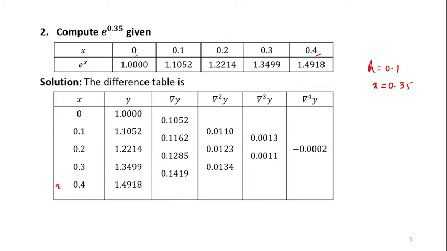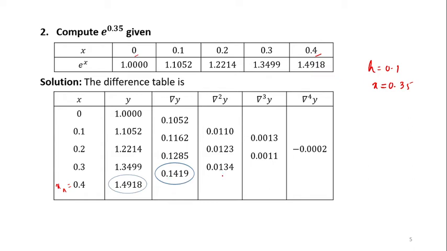Here, with respect to the column x, the last entry is denoted by xn. So xn is equal to 0.4 here. In the column of y, the last entry represents yn, the value corresponding to xn. So yn is 1.4918 here. In the column del y, the last value represents del yn, so del yn is 0.1419.